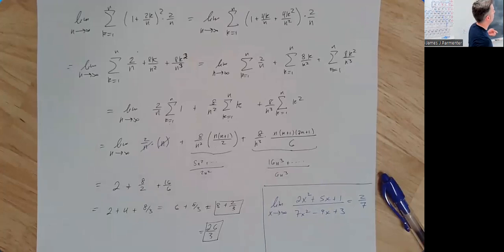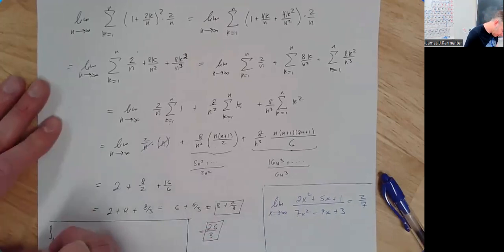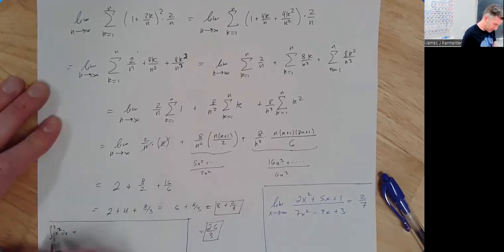And if you are familiar with the fundamental theorem of calculus already, you know that you could have calculated this by doing the antiderivative of x squared. So just as a kind of preview of what you're eventually, or maybe already doing, if you antidifferentiate x squared, you get x cubed over 3.